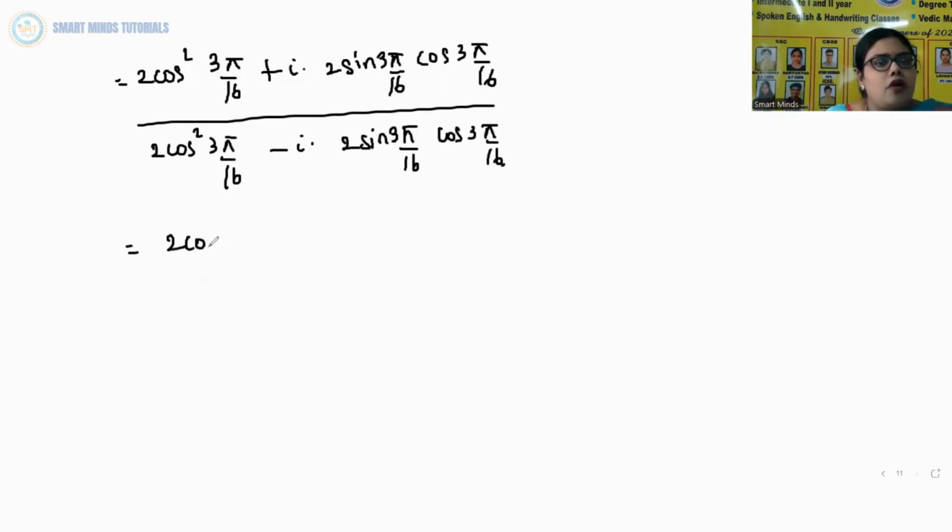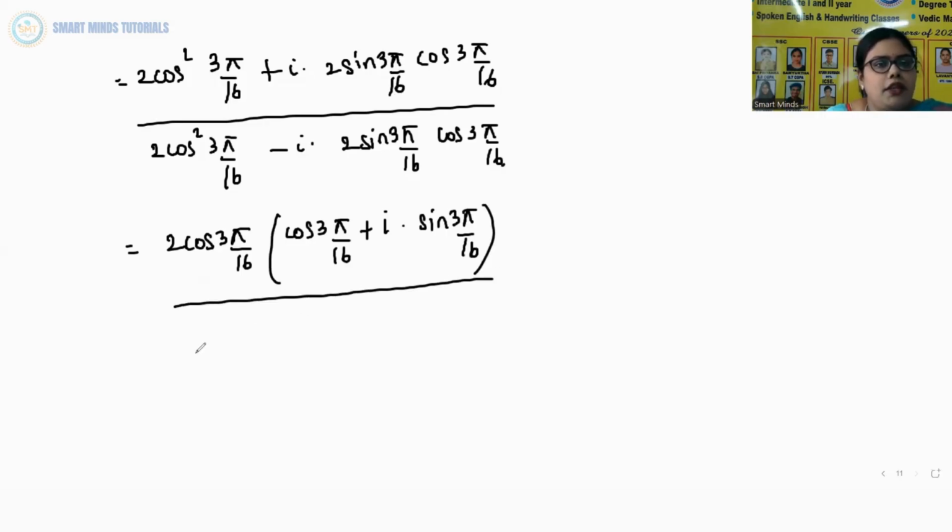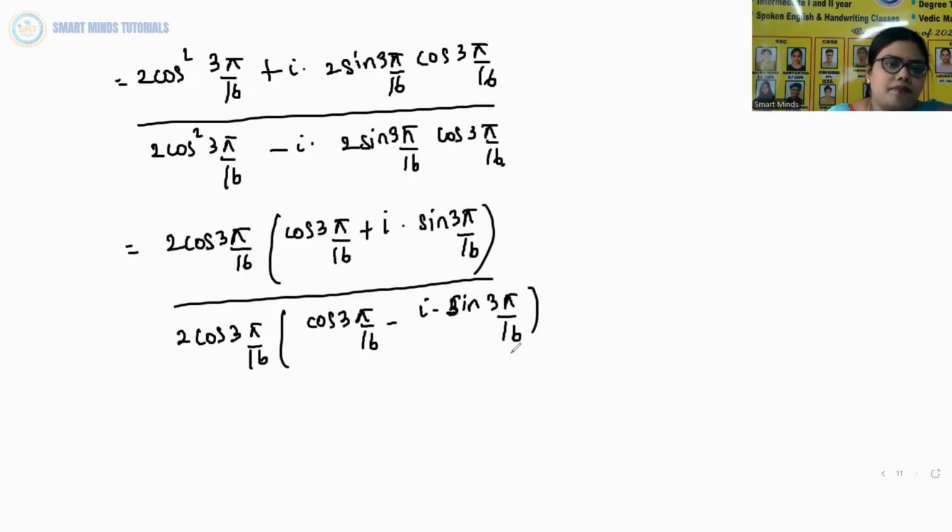If I take 2 cos(3π/16) common, we get cos(3π/16) + i sin(3π/16). In the denominator also the same way, we take 2 cos(3π/16) common and get cos(3π/16) − i sin(3π/16). Now we are cancelling it.